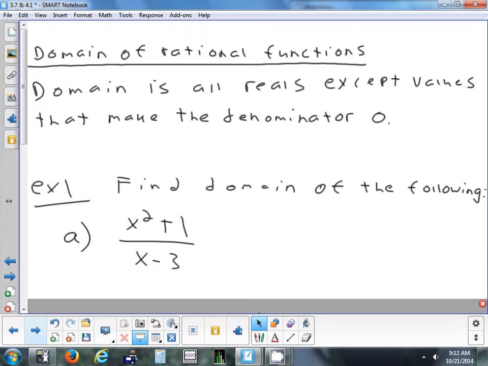So here's a rational function, and let's start by finding the domain. I want to know what values of x would be appropriate to plug in without getting an error when I try to calculate it.